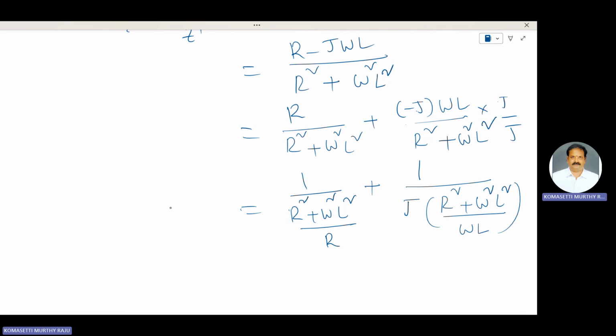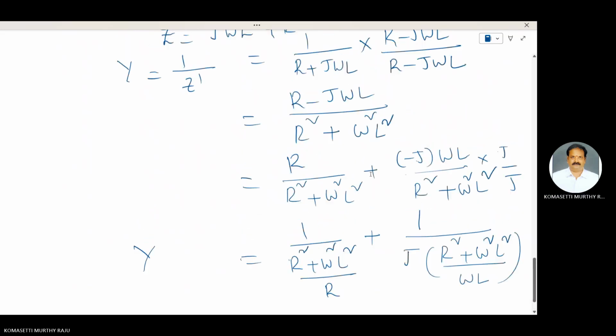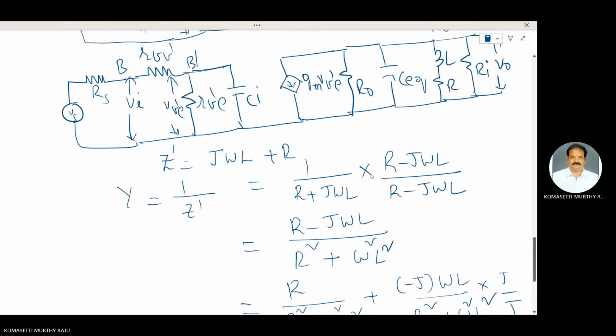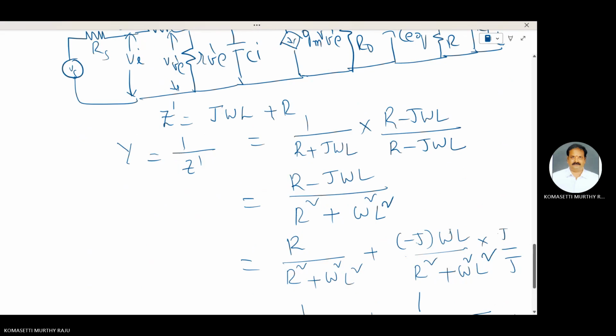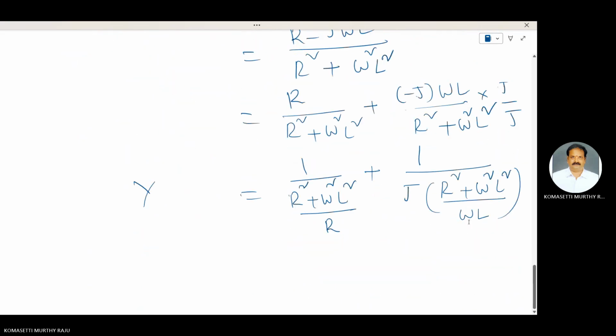This one is Y. We know that Y is 1 by... suppose Y, the series combination, is replaced with parallel combination. That is LP.